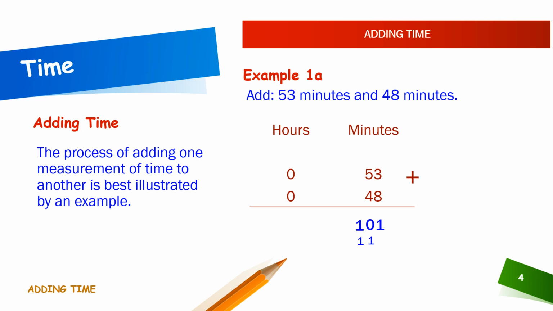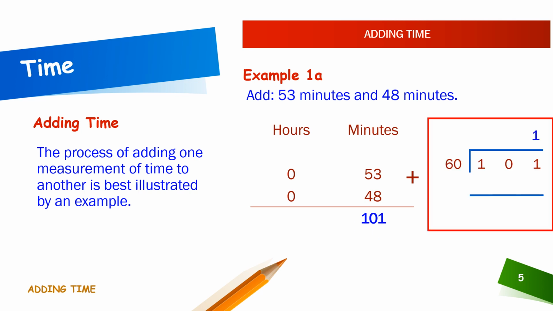In order to do this, we need to divide by 60. 101 divided by 60 is 1 remainder something, so we position the 1 as shown. 1 times 60 is 60, and we position this 60 as shown. And finally subtract 60 from 101 to give 41. So 101 minutes is 1 hour and 41 minutes. And we express it as shown in the table.